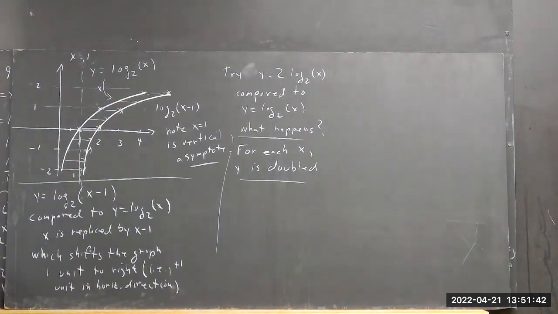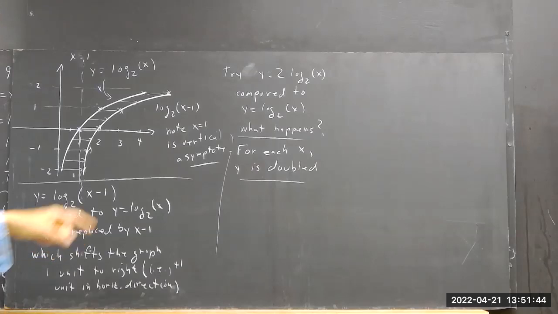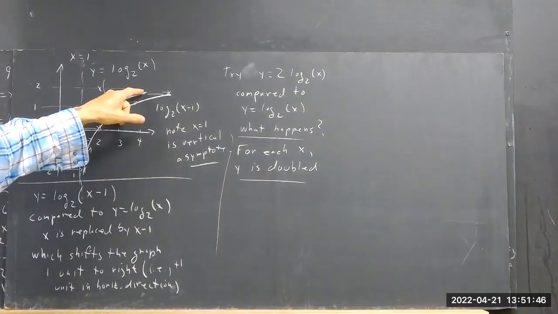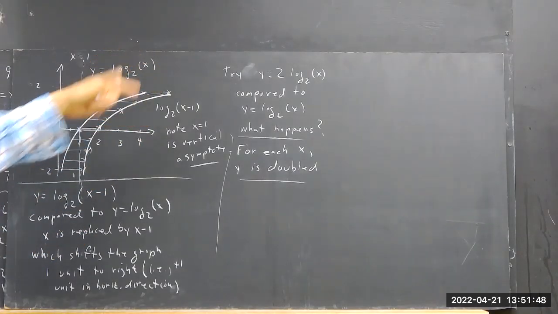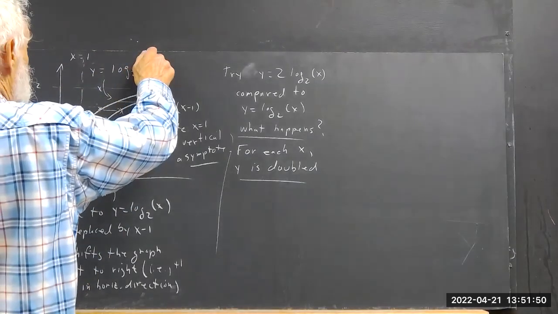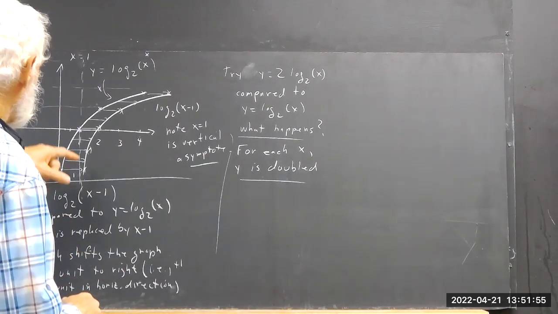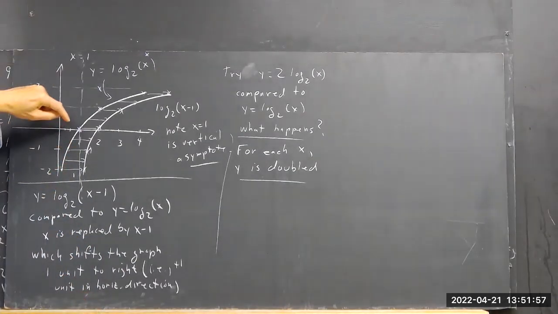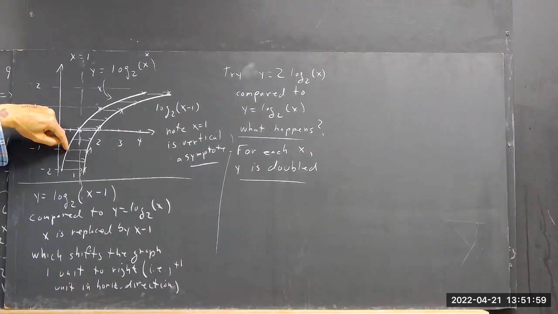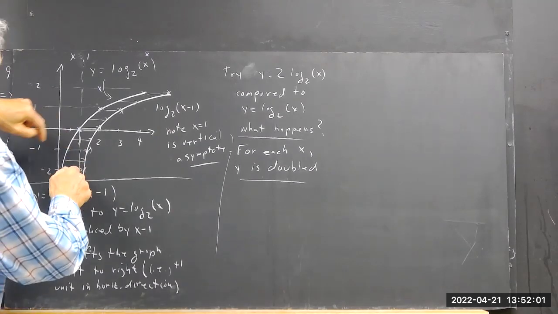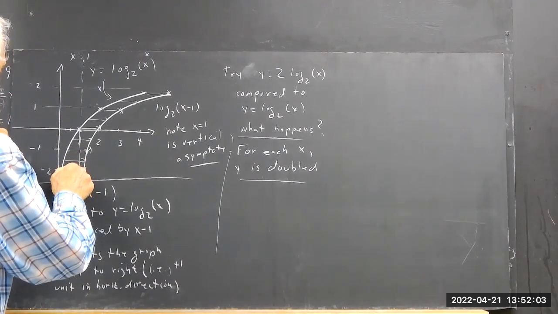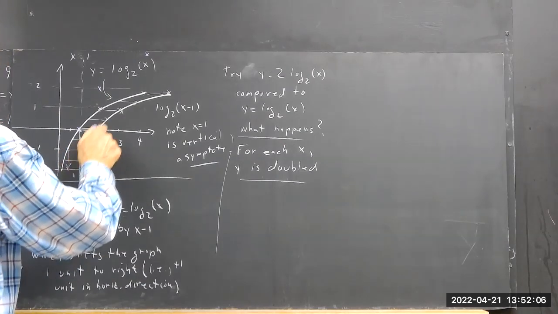So you're going to have a point there. If x is 4, y is 2. If you double that, you get 4. And of course, if x is 1/2, y is -1. If you double that, you get -2. So this point moves down here.